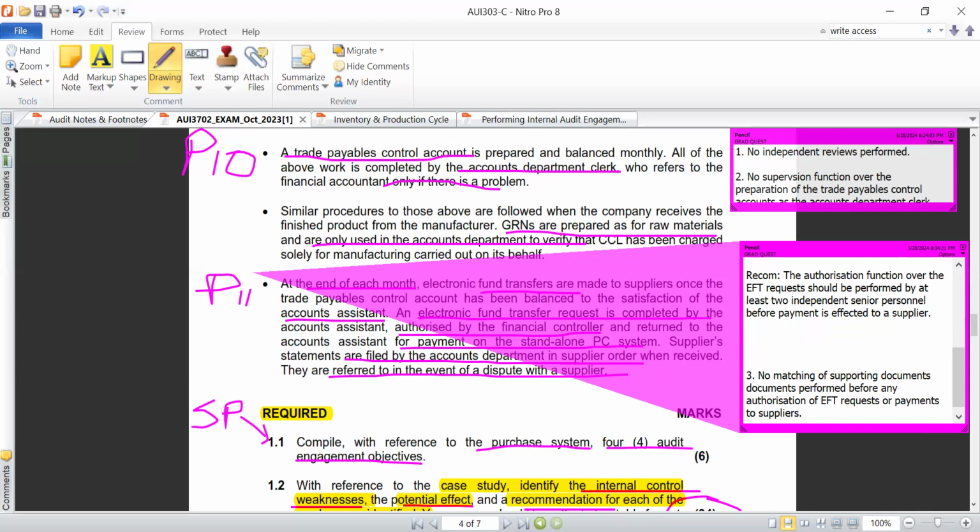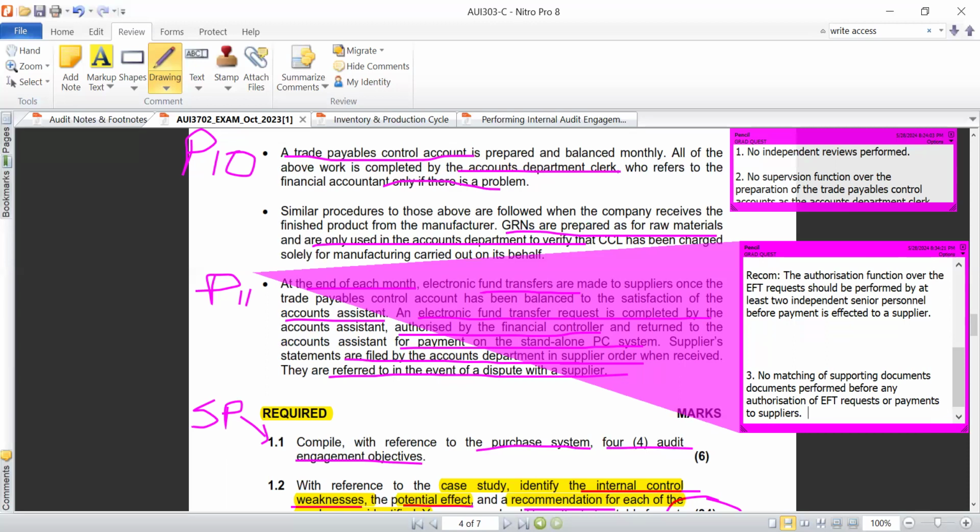There's no matching here. Because what is this person, the financial controller, doing? The financial controller just receives the request from the accounts assistant and then simply signs or authorizes it. And then the next step is they effect the payment.